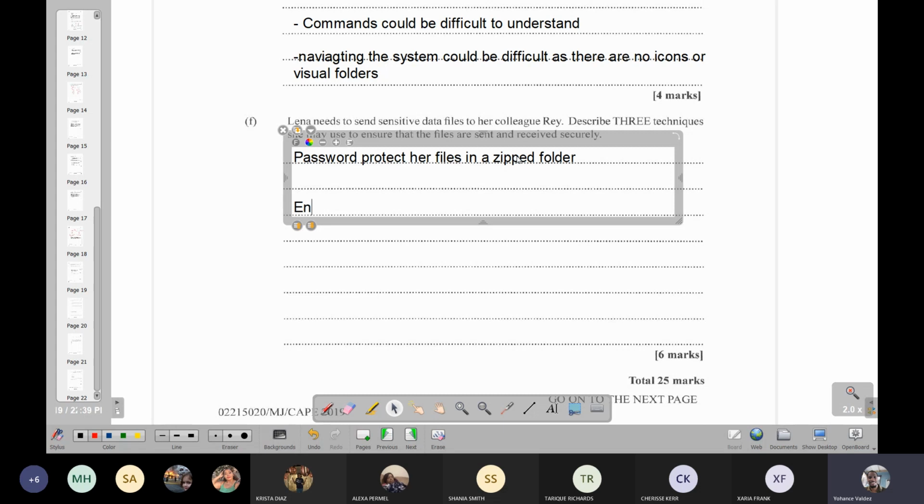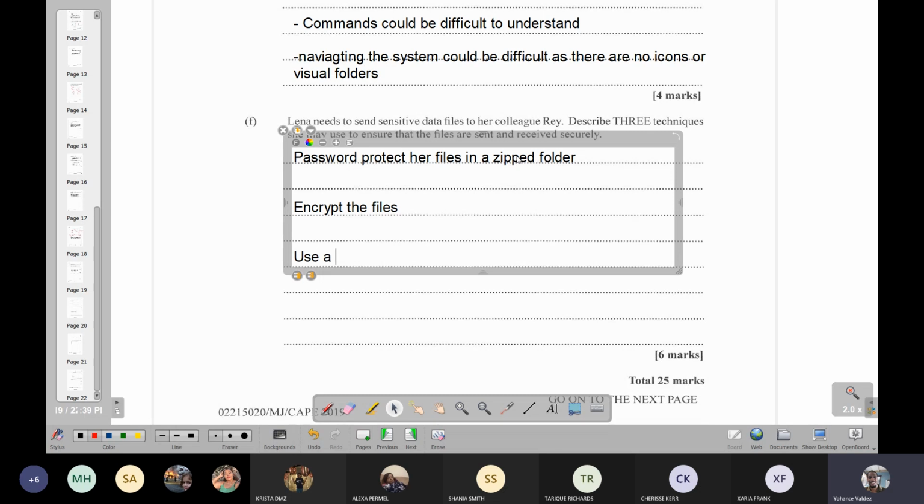Two, she could encrypt the files. Or three, she could use a secure VPN connection to transfer the file.